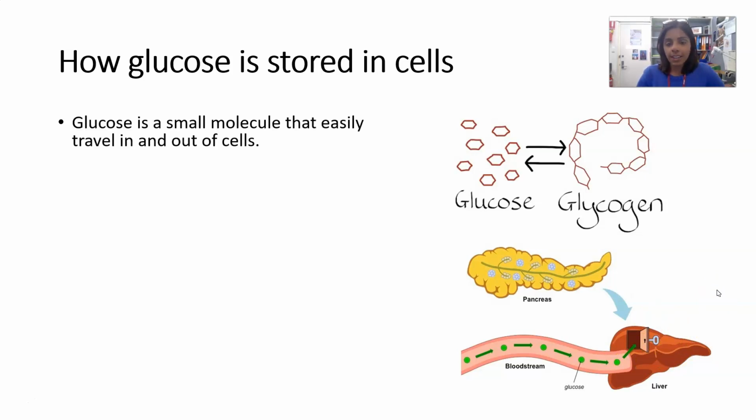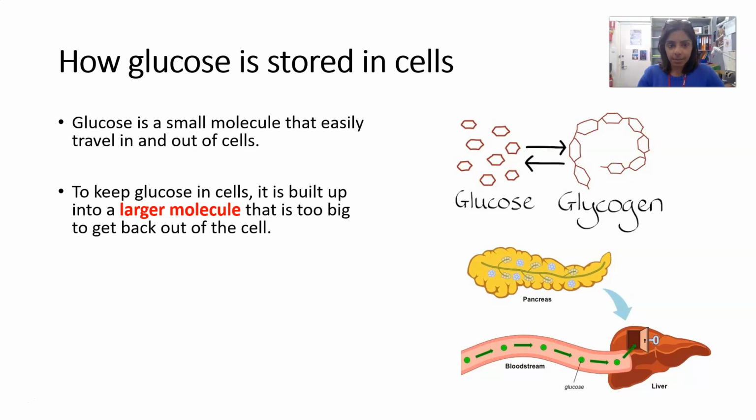So glucose is actually a really small molecule. That means that it can easily enter and therefore easily leave a cell. In order to make sure that it doesn't leave and we've got energy stores in our body, glucose will combine with other glucose molecules to make this giant structure called glycogen.